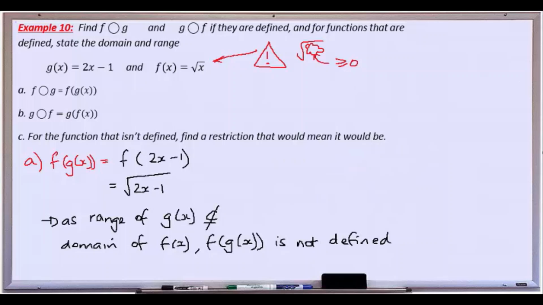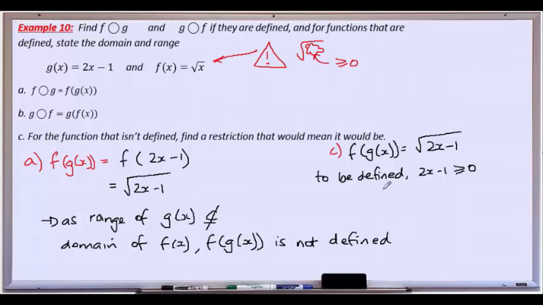So part C here, what we'll do is we come out with this function here, where f of g of x is root 2x minus 1. Now we know that what's under here must be greater than or equal to 0, so we can work out our domain and restrict it so that this works. For the function to exist, 2x minus 1, what's under the square root, must be greater than or equal to 0.